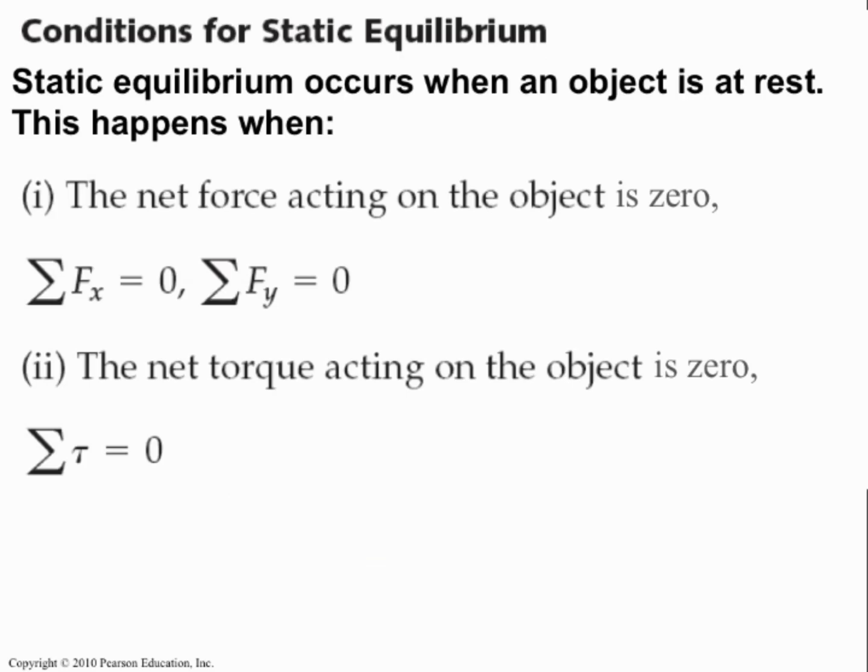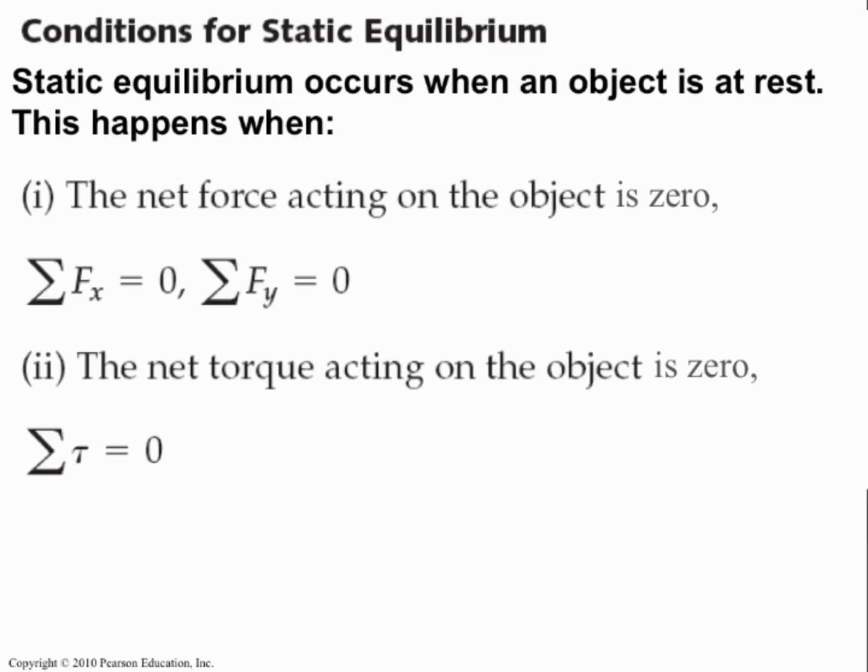Conditions for static equilibrium. Before I talk about what's on this screen, let's just clarify what we mean by static equilibrium. We have seen it a few times this year, but as you can imagine, static just refers to something standing still.